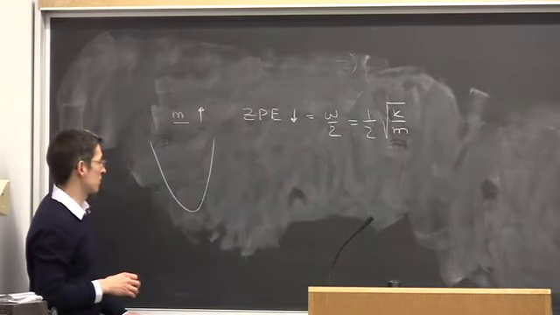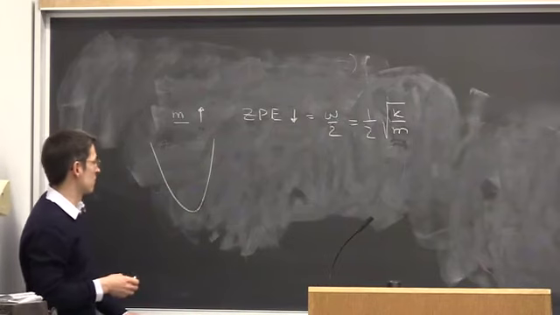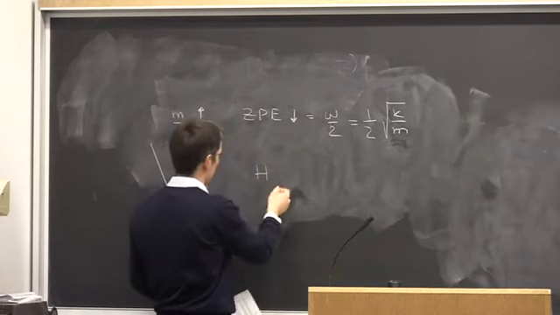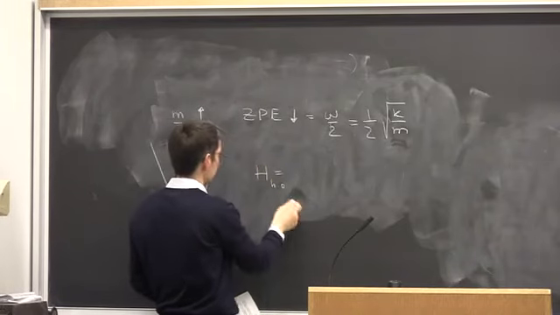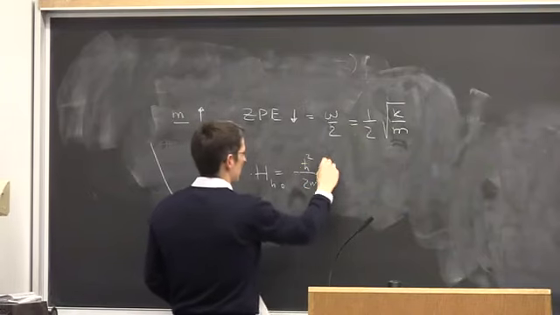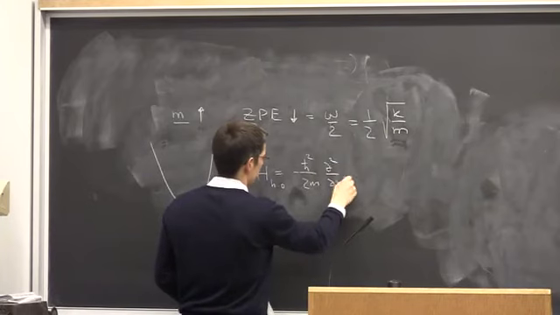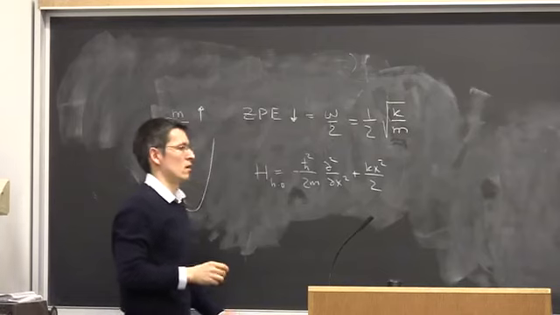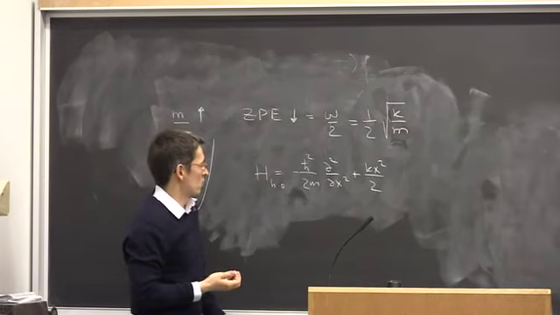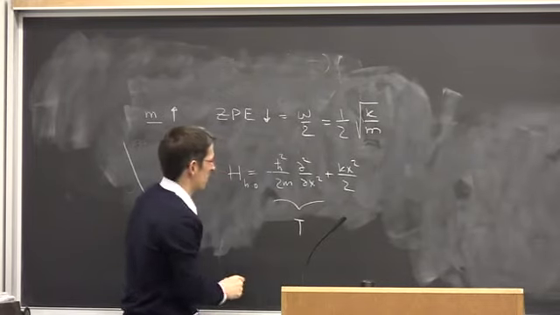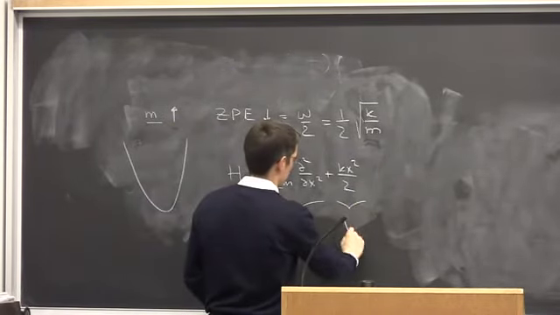What it has to do with is that the Hamiltonian of the harmonic oscillator has this form, where we have h-bar squared divided by 2m times the second derivative, plus kx squared divided by 2. That's the form we started with. As you can see, this is kinetic energy, and this is potential energy, right?